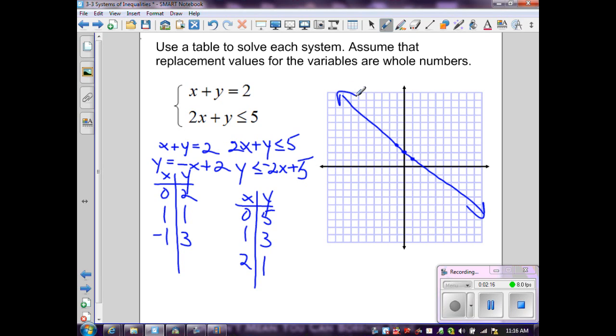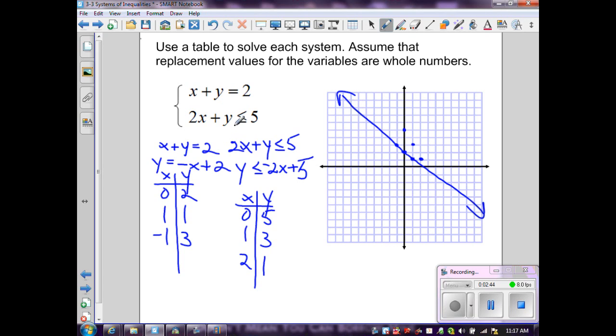And for my inequality, I use my table: 0, 5, 1, 3, and 2, 1. Now, since this is an inequality, I have to determine whether it's a solid line or a dashed line. Since my first one is an equation, it's an equality, it's a solid line. That is the solution to that equation.